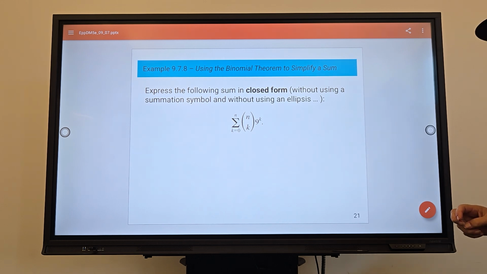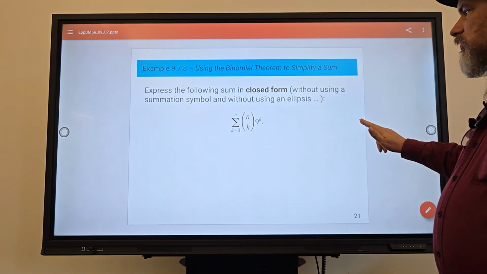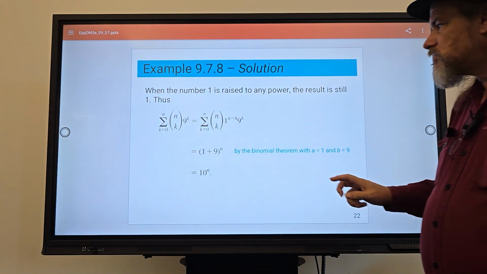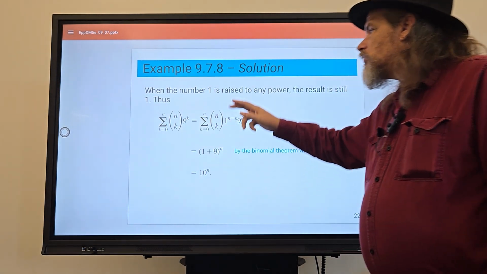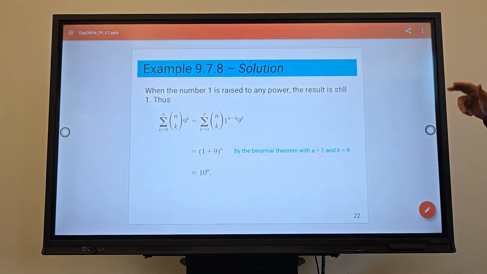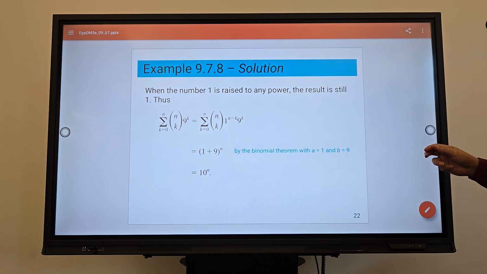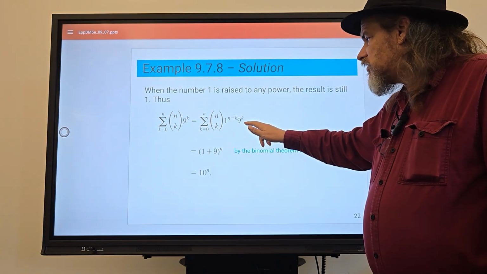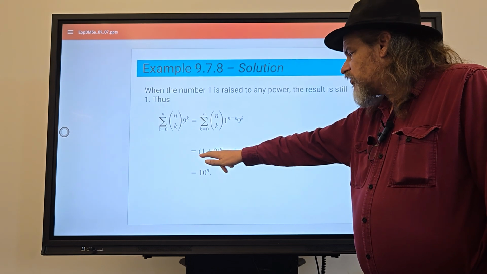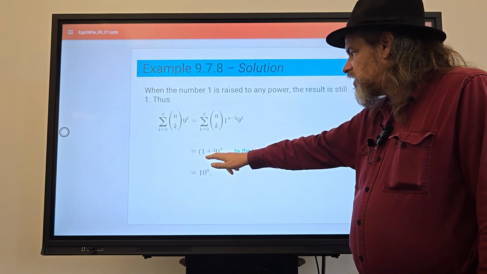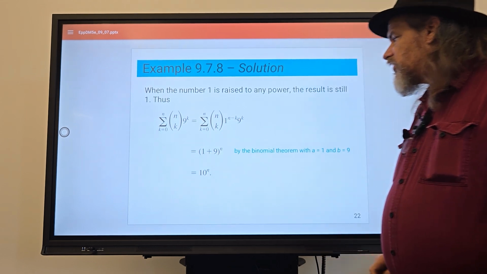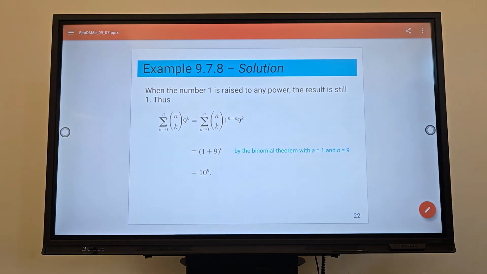Now it looks like the binomial theorem, the binomial expression, except for the first number. But when the number 1 is raised to any power, the result is still 1. So you can insert the 1 to the n minus k into the expression, which yields, simplified back by the binomial theorem, (1 + 9) to the n, or 10 to the n.